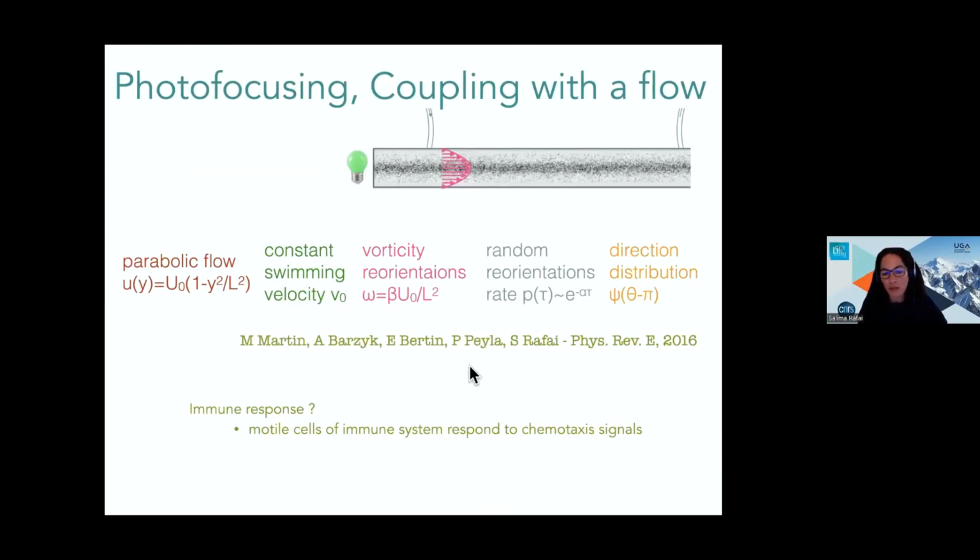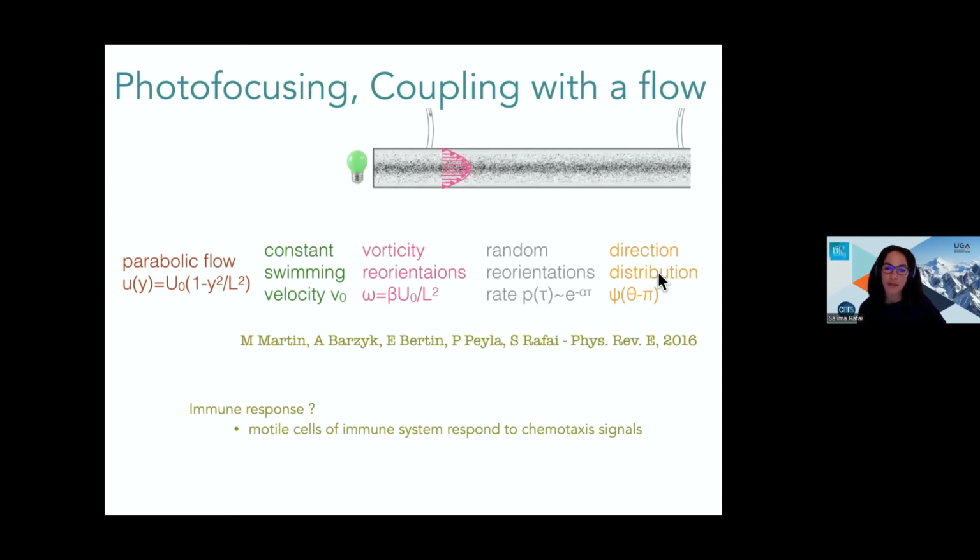The take-home message here is that if you look at the ingredients we used to model this behavior, you can observe that it has no specificity to the cellular system: a parabolic flow coupled with a constant swimming velocity, subjected to random reorientation and a distribution of light. In the model, there is no specific characteristic related to the biological system we are using.